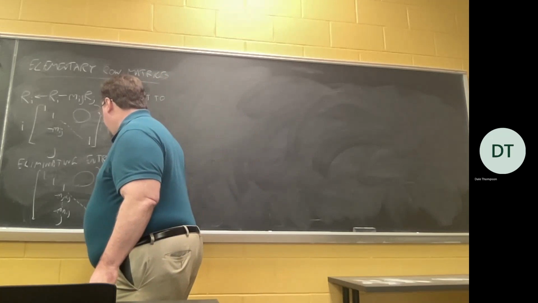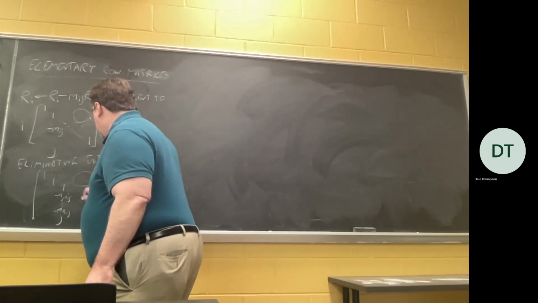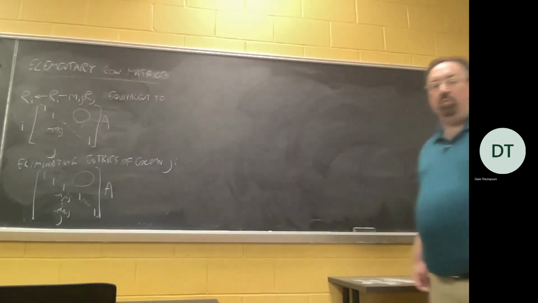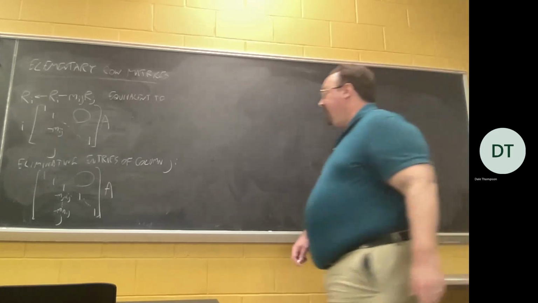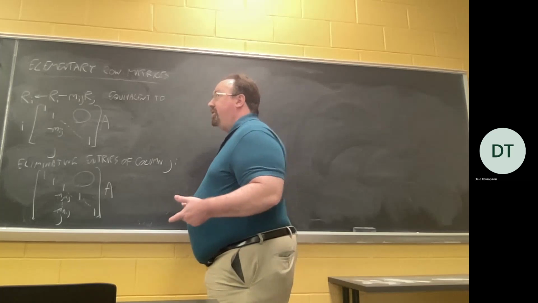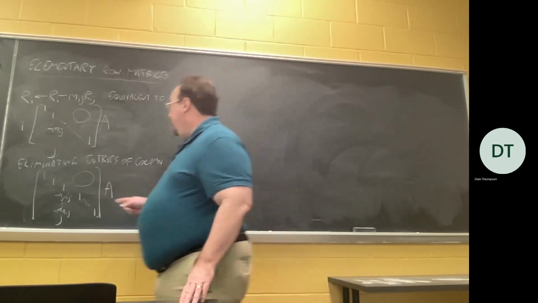Now, I'm actually going to fill in more of the ones, to give you a better idea as to why this works the way it does. Because what are you doing when you carry out matrix multiplication?